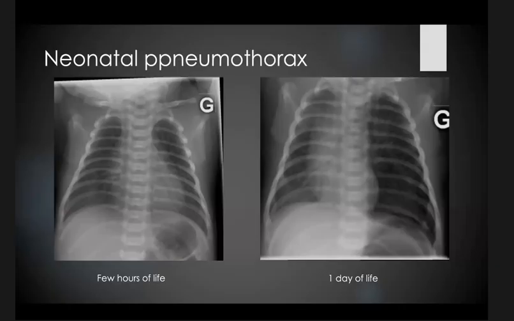Usually the pediatrician won't be able to hear the heart on that side. So you can have displacement of the mediastinum to the contralateral side and the deep sulcus sign here, which is the pneumothorax, the air that gets in the anterior part of the chest because the baby is lying down. So you have the deep sulcus sign here and the mediastinum that is shifted towards the contralateral side.